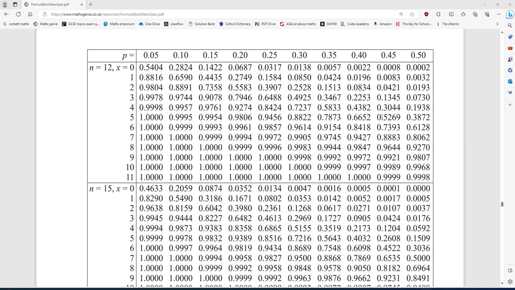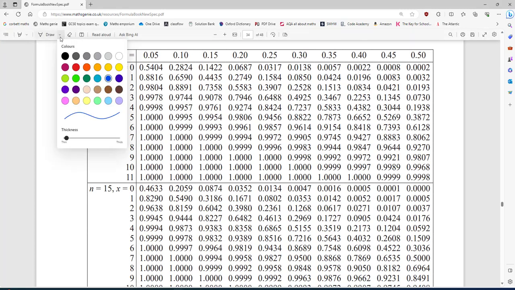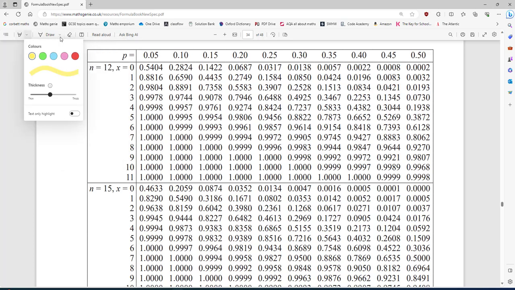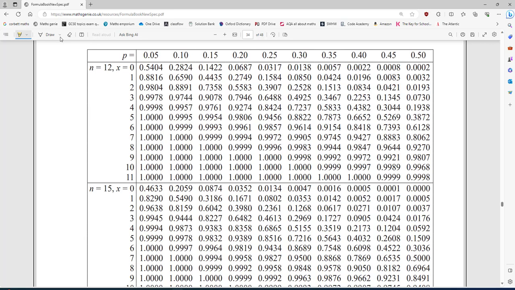So we go to n equals 12 in our table, go across to 0.30, and we need to find the first value that's strictly greater than 0.95. So I'm going to get my highlighter and do that. Where is the first value that's greater than 0.95? If I scroll down, I can see that it's this value.